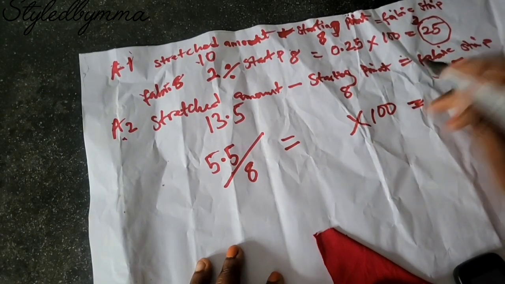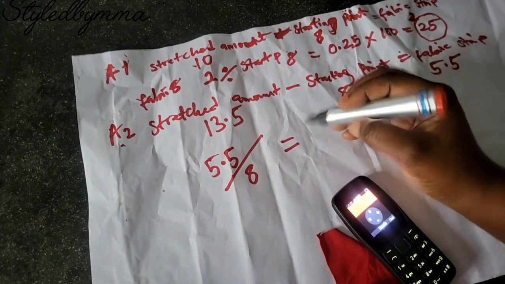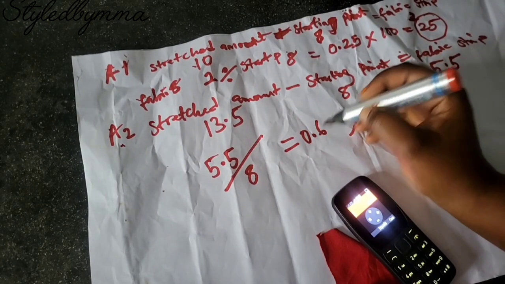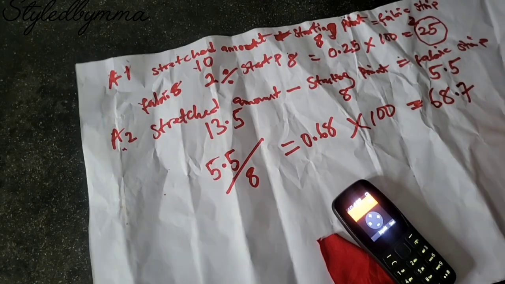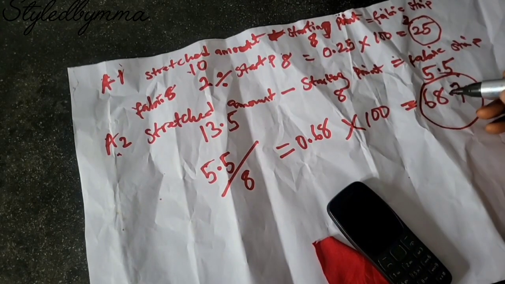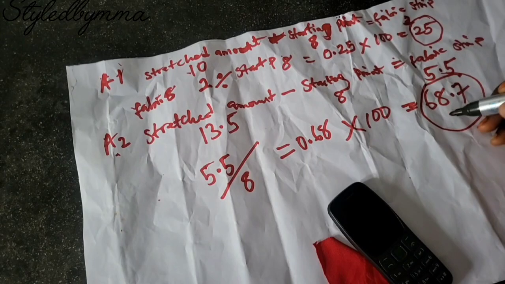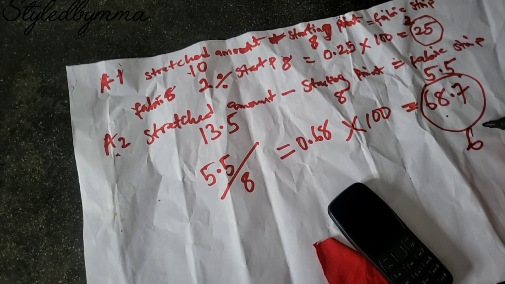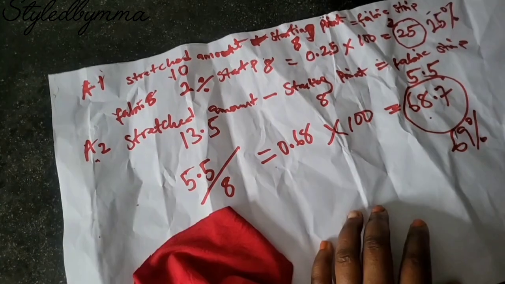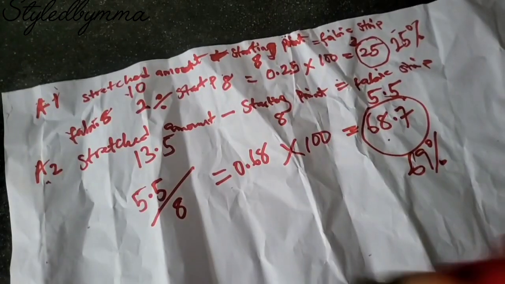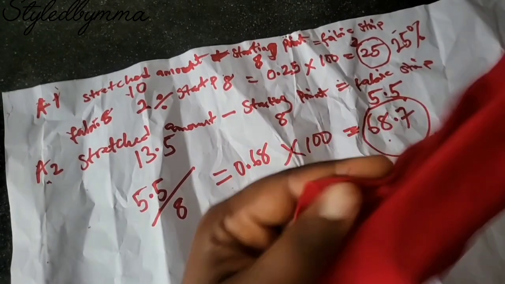That will give me my fabric strain, which is the amount of elasticity that my fabric has. So what I have at the end is 68.7, which I made approximately 69%. So now this is the amount that you need to reduce when you are working with a stretchy fabric.